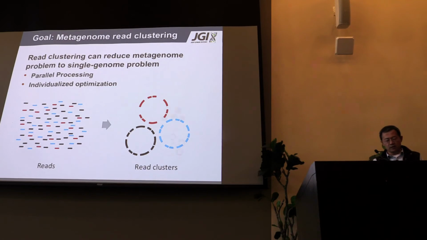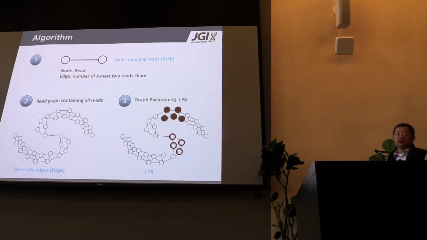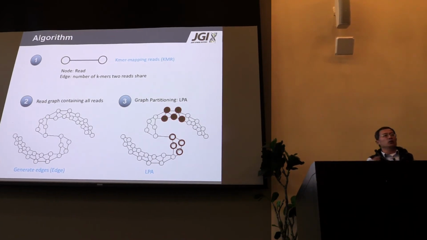So the oversimplified algorithm is here. It contains 3 major steps. The first step, we're trying to identify which pieces are overlapping with each other. We do this in an approximate way. We count the number of substrings, or k-mers here, that two pieces share, then we can overlap two pieces together.